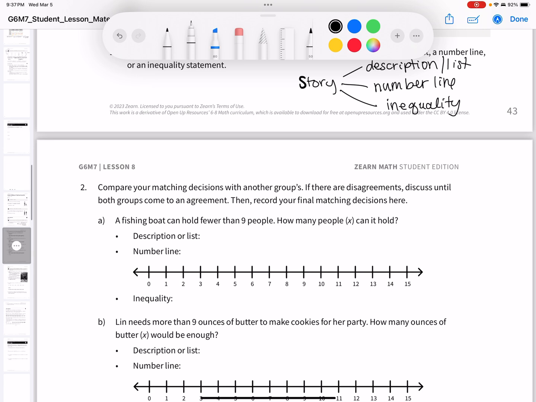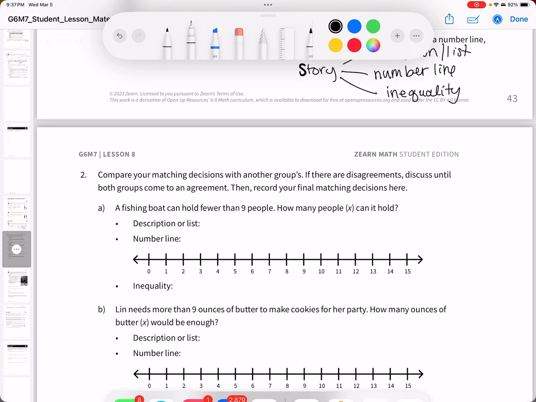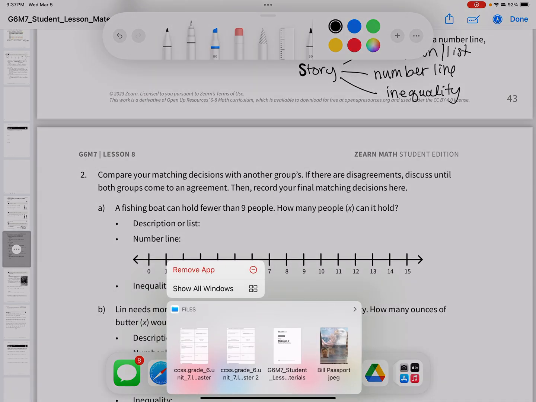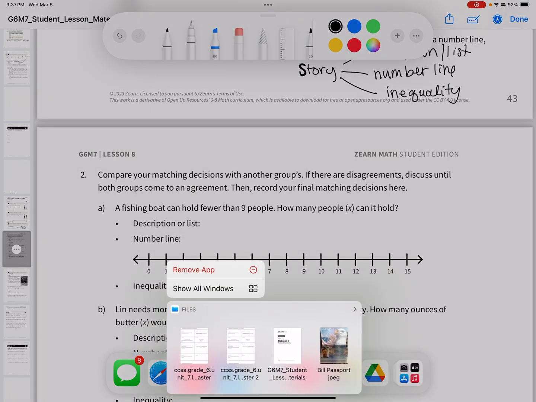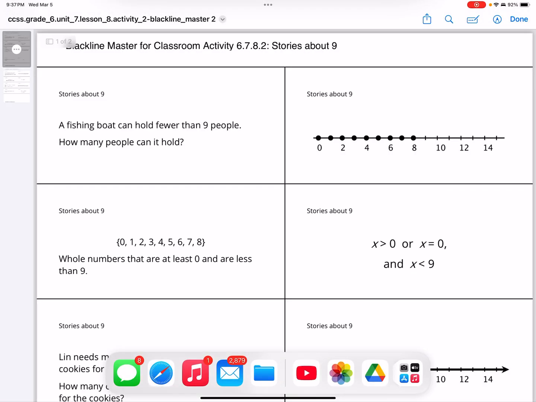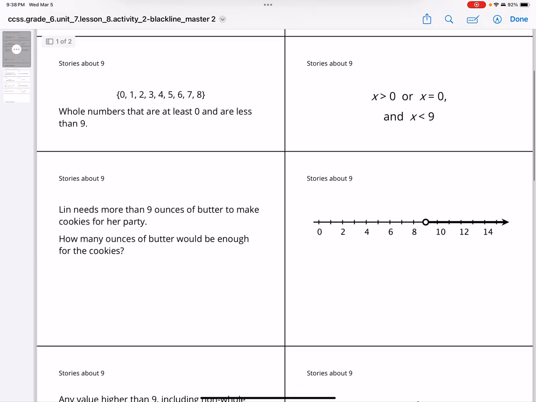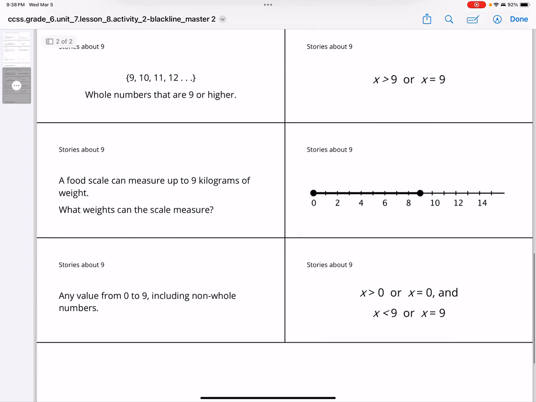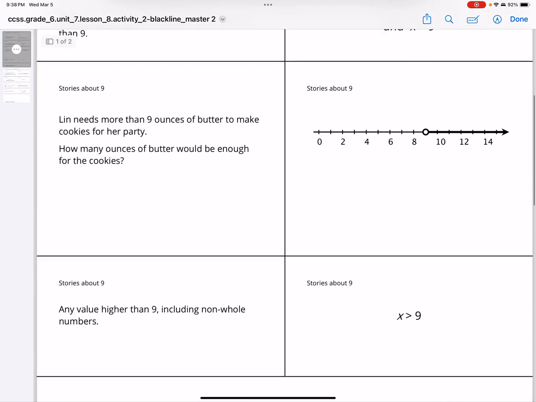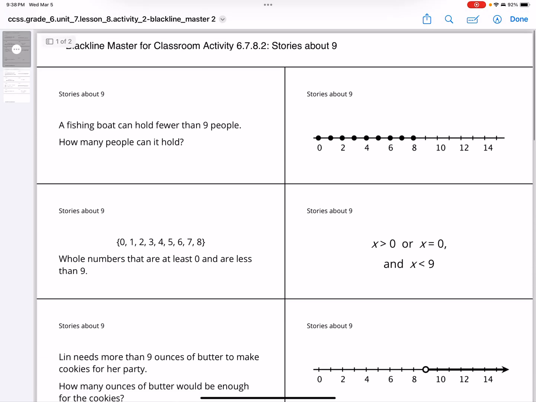So I'm going to slide. Why isn't it sliding for me? And I'm going to do that one. Okay, so here we go. A fishing boat can hold fewer than 9 people. How many people can it hold? So you're looking here, and you are trying to find its matching stuff, right? So you can look through that.